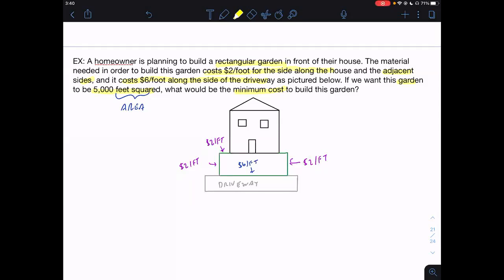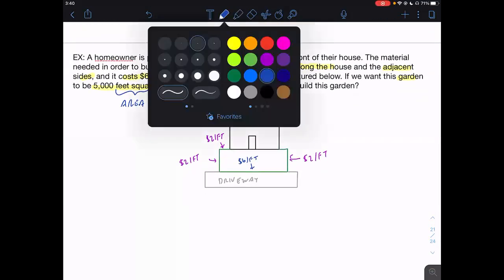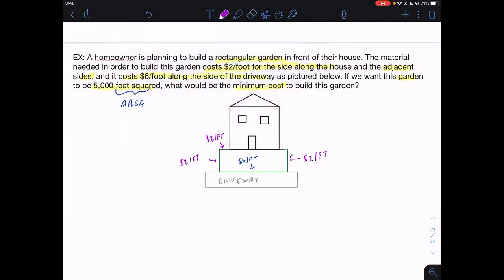So let's look at what's given to us here. Or actually, let's first figure out what is it that we're trying to optimize, or in this case, minimize. We want to minimize the cost that it will take to build this garden. To build this garden, we need the material that will surround the sides of the garden: $2 a foot for these two sides on the left and the right, and also $2 a foot for the top side.